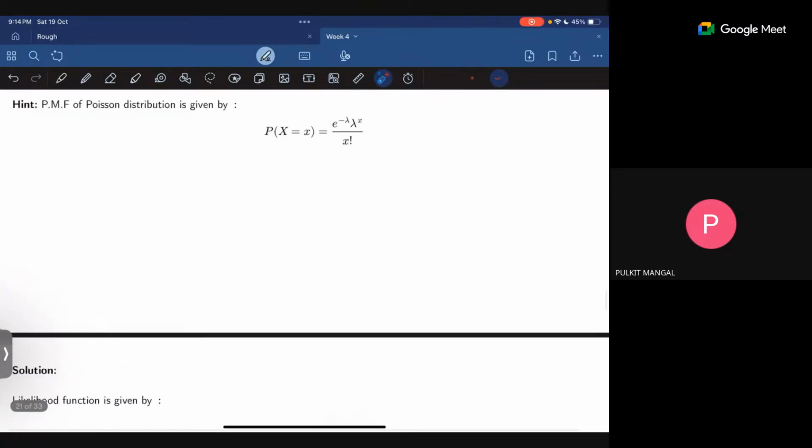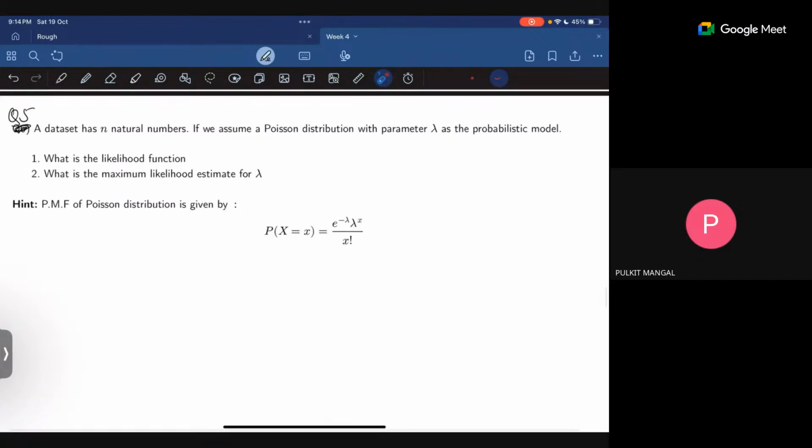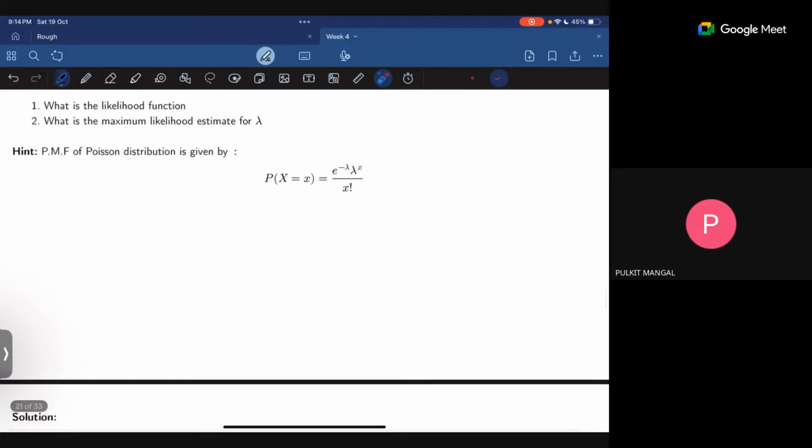Does anybody need me to compute everything, or is just the solution fine? Okay, let me try some steps. First they are asking for the likelihood function. The likelihood function would be given by the product from i equal to 1 to n of the probability of xi given lambda.